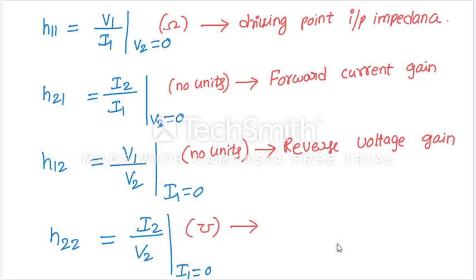So we call H22 the driving point output admittance.